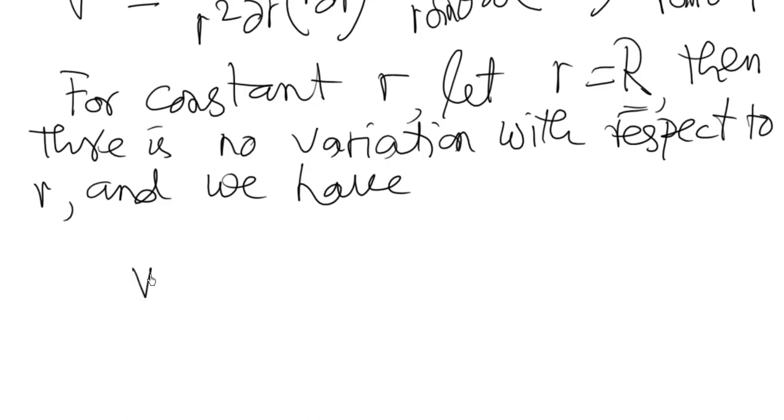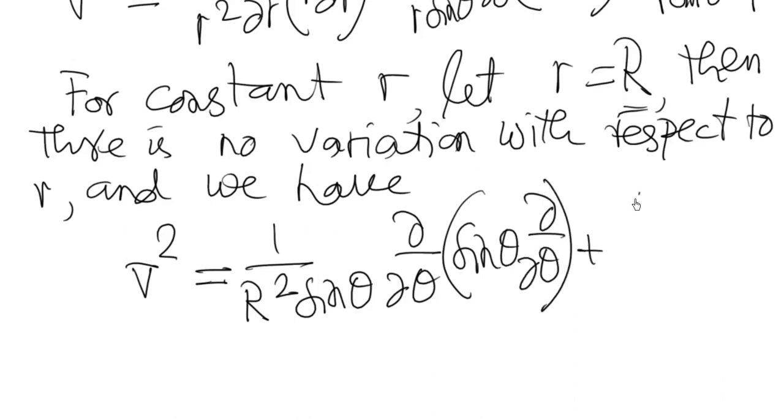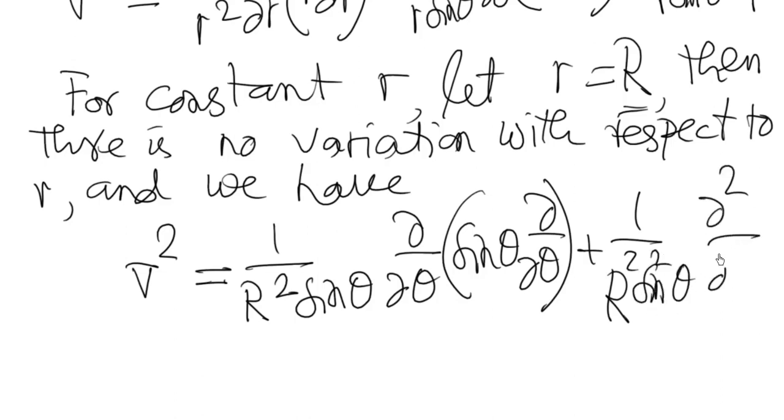Then the del square operator is 1 by r square times 1 by sin theta del by del theta, sin theta del by del theta, plus 1 by r square sin square theta, del square by del phi square.